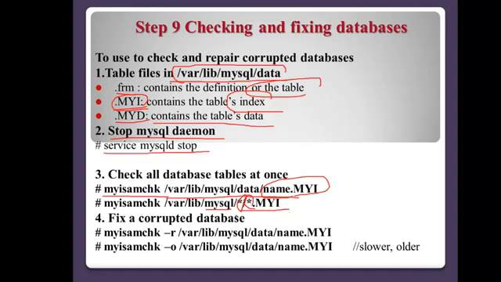So like this. And after we check and find some corrupted database, we can use this command, myisamchk --recover /var/lib/mysql/data/name.MYI, or we can use -o. So -o is slower and older than -r. According to your situation, you can select -r or -o like this.